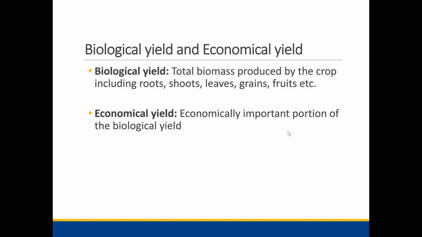That portion is the economical yield for rice. If you take tomato, what we harvest is the fruits, so the fruits are the economically important portion. If you take the potato crop, we harvest the tubers, so the tubers are the economically important portion. That makes the economical yield.